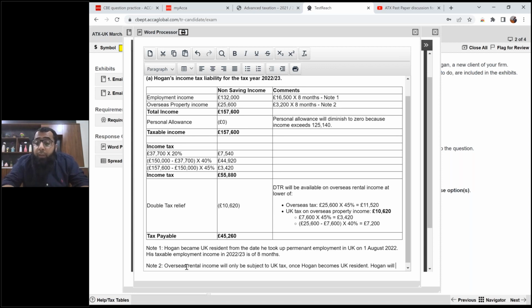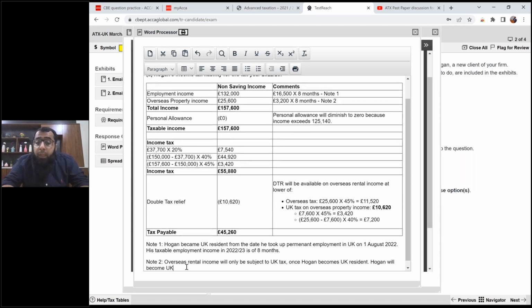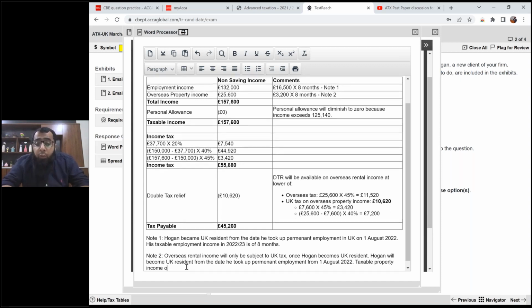Hogan will become UK resident from the date he took up permanent employment, from 1st August 2022. Taxable property income of Hogan in tax year 2022-23 will be of 8 months.